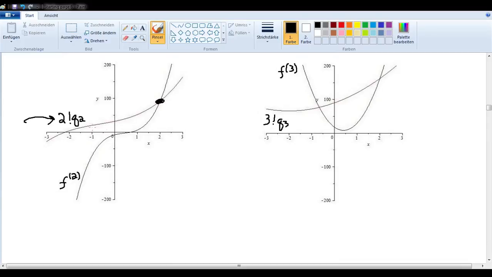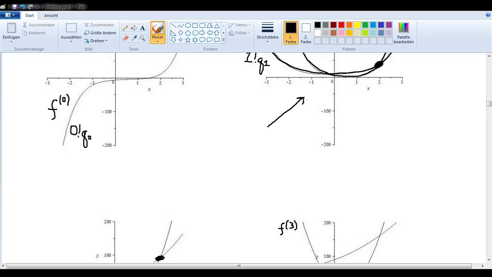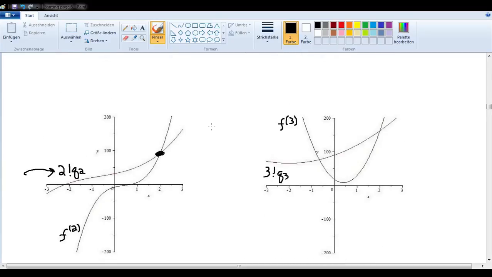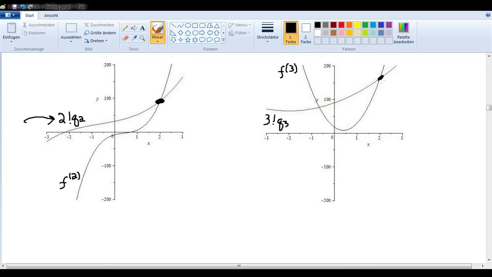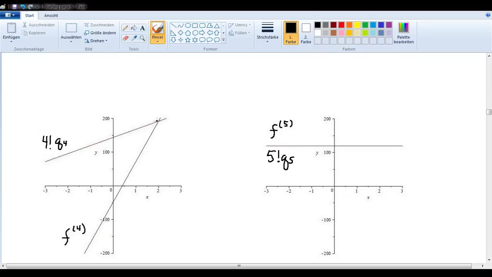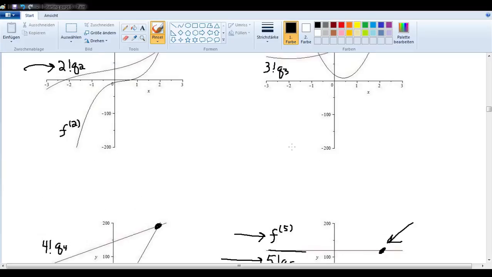Now these curves look different than they did here, but they still cross at the right point. The same goes for the third derivative and the fourth derivative and the fifth derivative, which is interesting since they not only cross at the point that we want, but they are identical. And this has to be the case since the fifth derivative in our case is just a constant. So the only way that these two lines could cross is if they are indeed the same line.